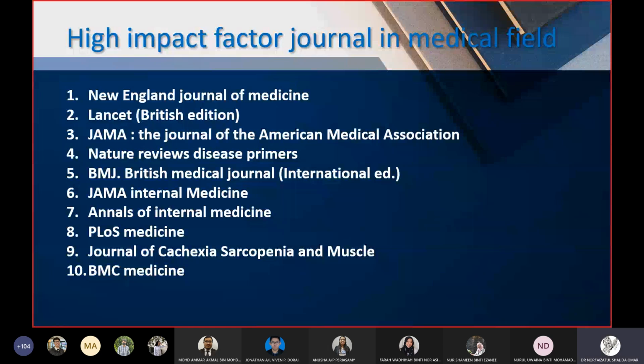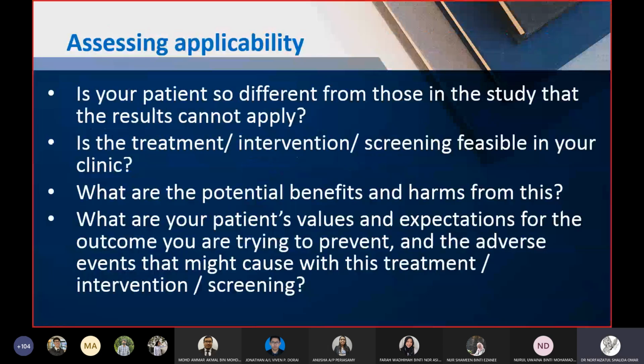Okay, once you have got the evidence from a reliable source, you assess the applicability. So is your patient so different from those in the study that the results cannot apply? Like I mentioned, population. If the study is conducted in the UK, can it apply here to the Malaysian population? Is it the same? And then, is the treatment, intervention or screening feasible in your clinic?